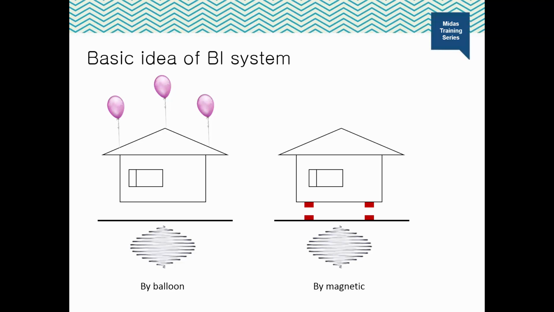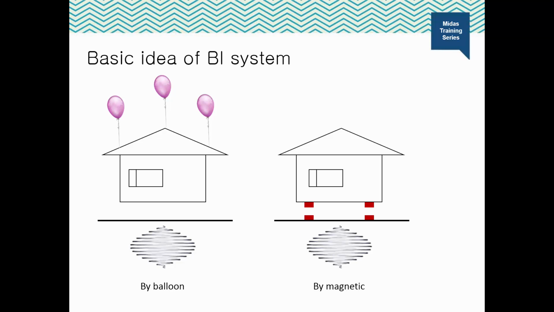The first idea in layman's language can be that we lift the building using balloons at the time of the earthquake. If we do that, then during the earthquake, the force of the ground will not be transferred to the superstructure, as the boundary between the superstructure and ground will not be there.